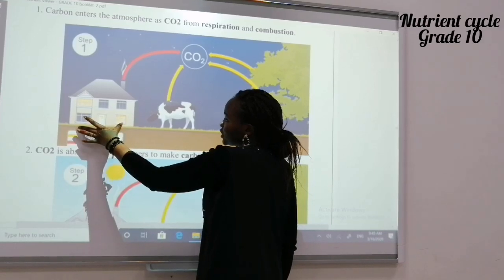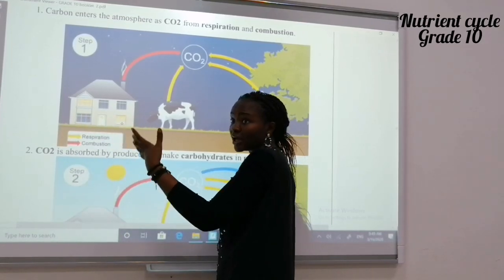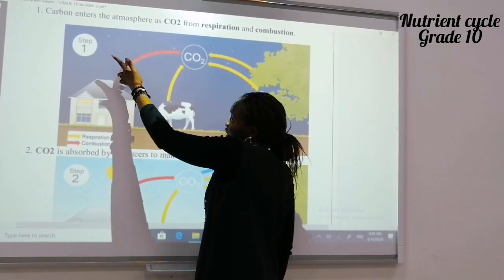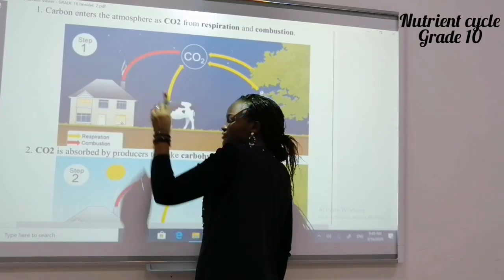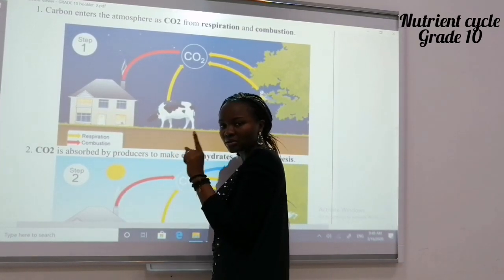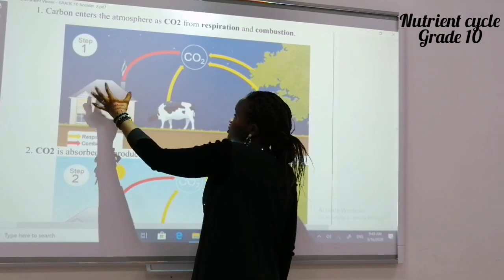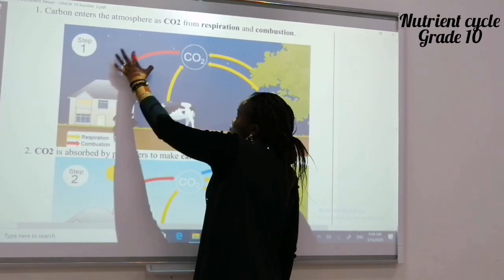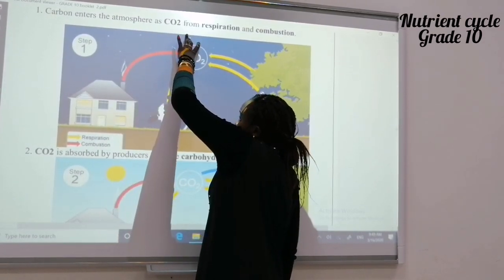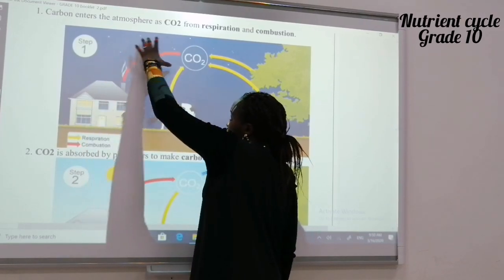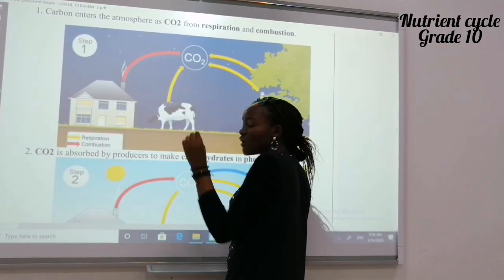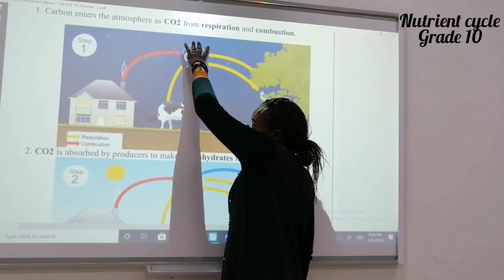This is a factory burning fossil fuel like coal, and the smoke is coming out. In this smoke we have CO2, which is carbon dioxide, and it is released into the atmosphere. So combustion releases carbon into the atmosphere.